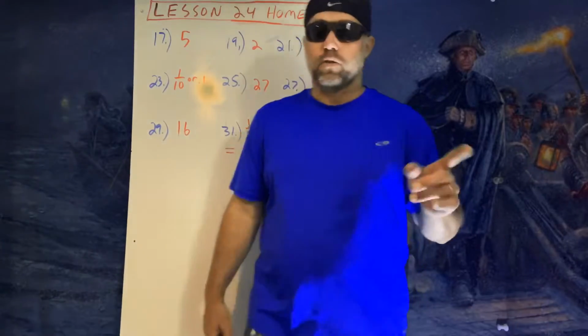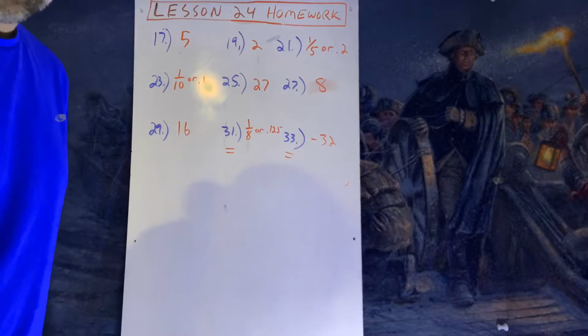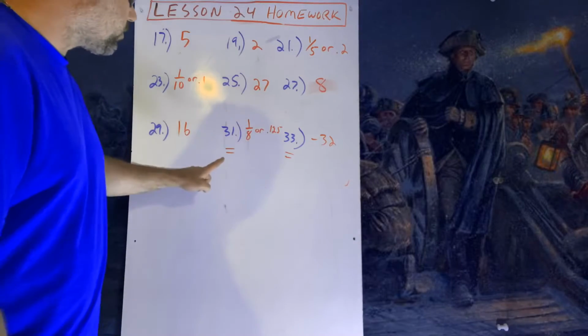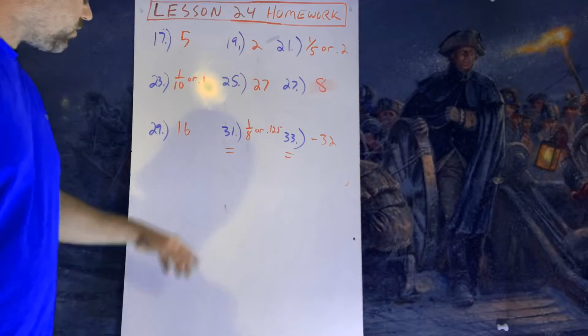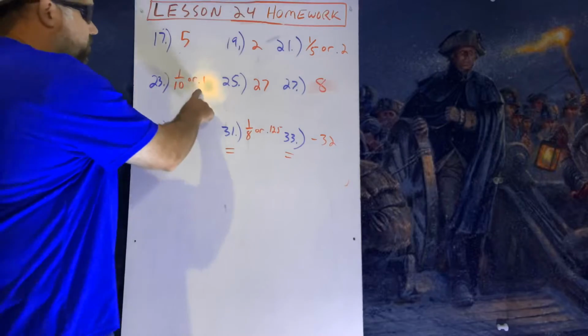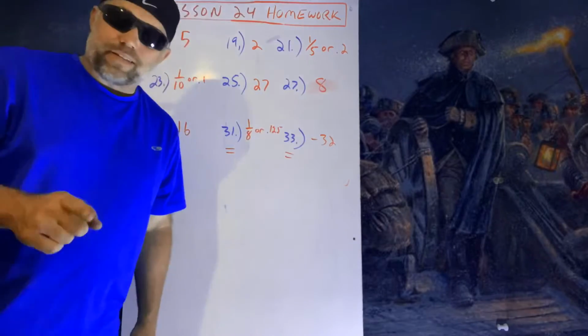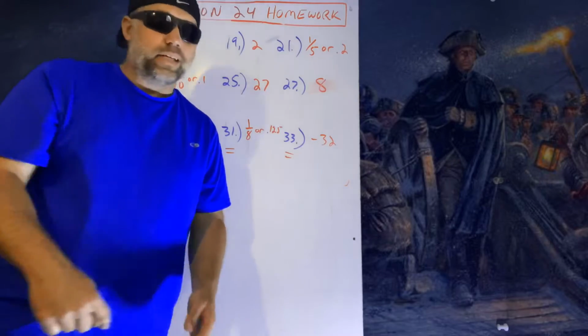It's pretty neat. So here are the solutions to the lesson 24 homework. I'm going to go over 31 and 33 because they're a little trickier. I wrote down the decimal answers of some of these. If you got the decimal answer, that tells me you just used the calculator.